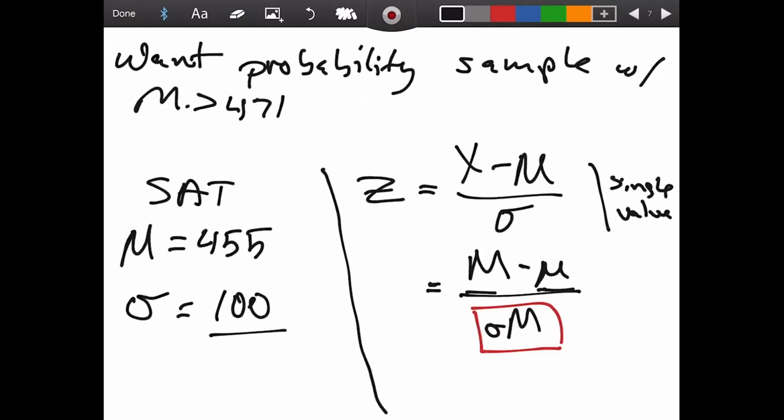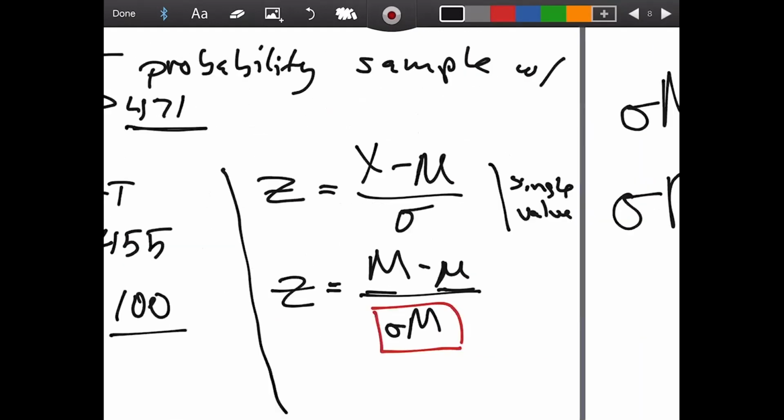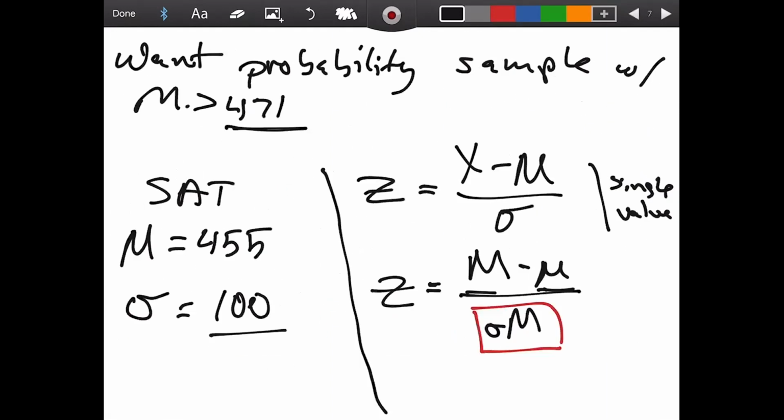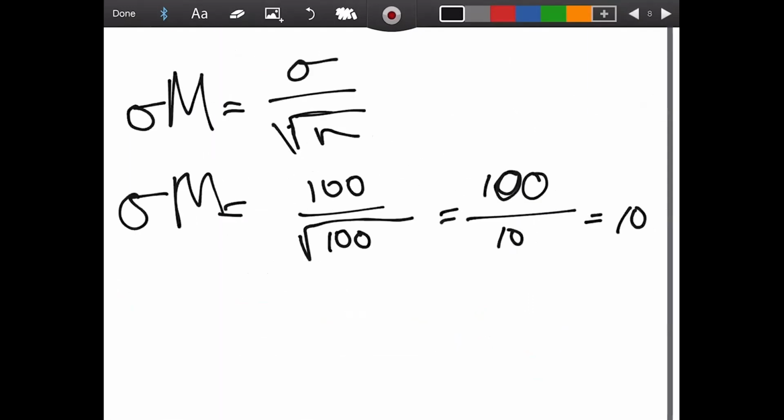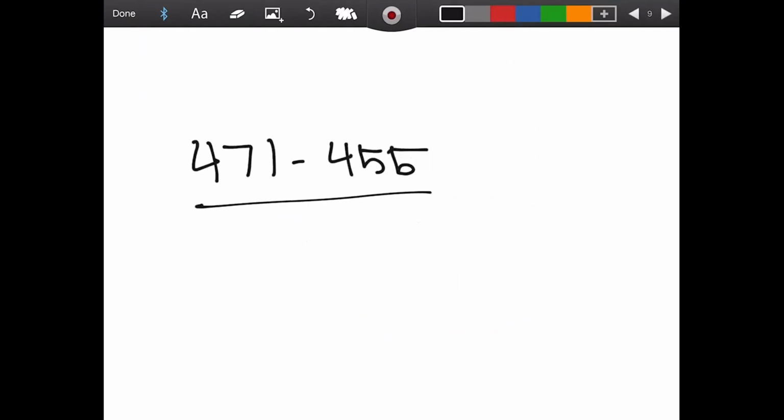So now if we go back and look at our equation to get our z, we need that mean that we're interested in, so that 471. So 471 minus the population mean, right? And that population mean is 455, divided by the standard error of the mean that we calculated as 10.